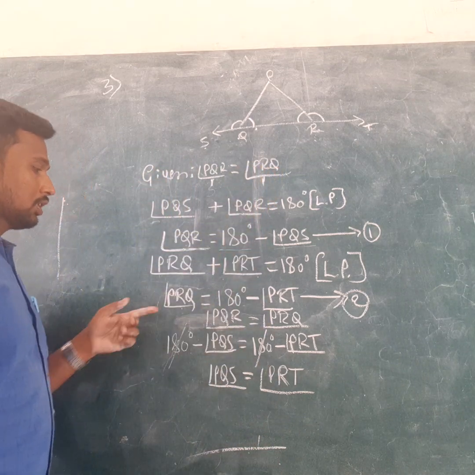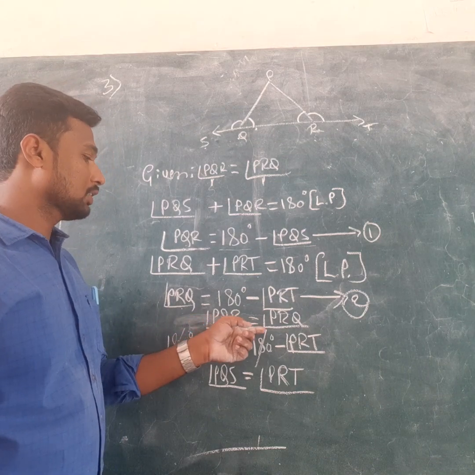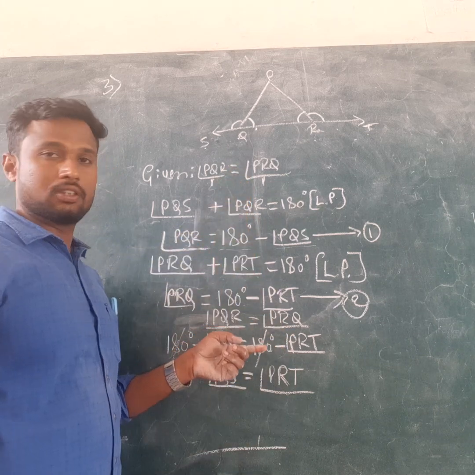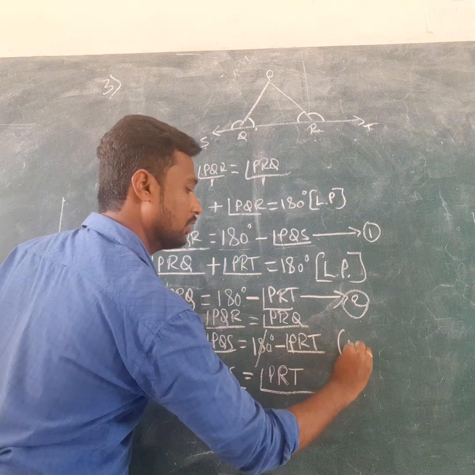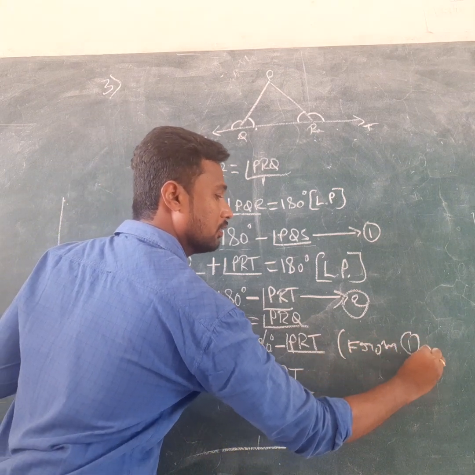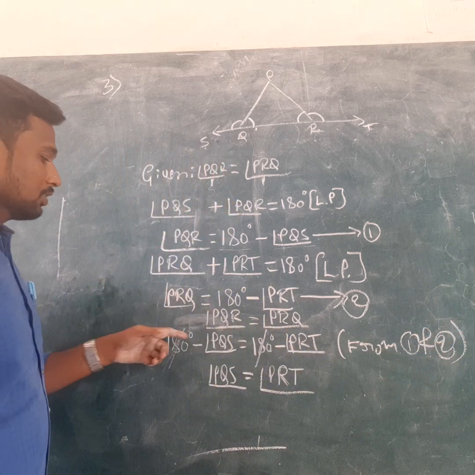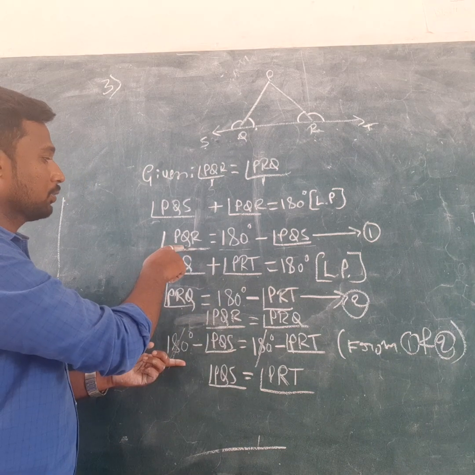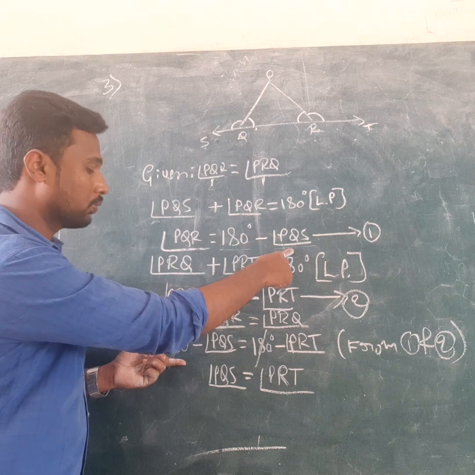So now they have given that angle PQR is equal to angle PRQ. Now from equation 1 and 2, in the place of angle PQR I can write 180 degree minus angle PQS.